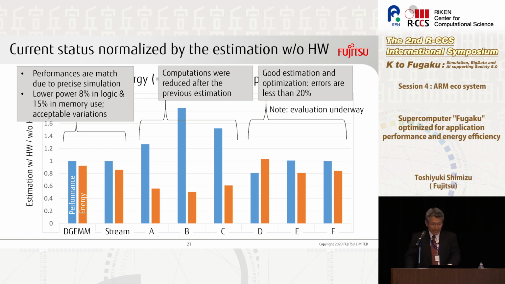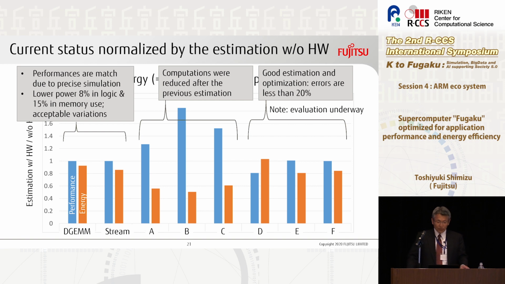So we see that the simple benchmark kernels like DGEMM and STREAM performance are matched to the previous simulation. For power consumption, or energy consumption, the error is 8% in logic, DGEMM, and 15% in memory, STREAM. I think that this variation or error is acceptable for design or power estimation.